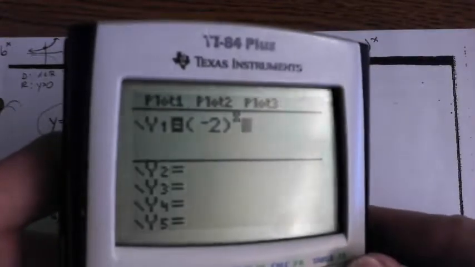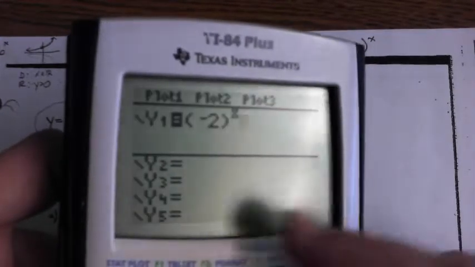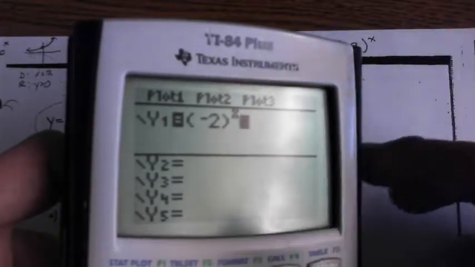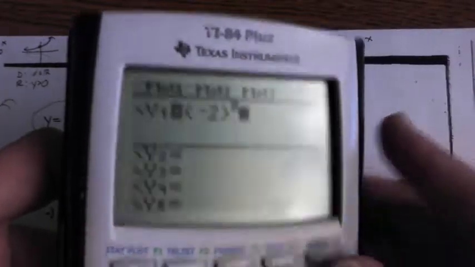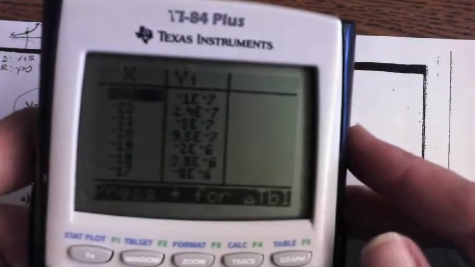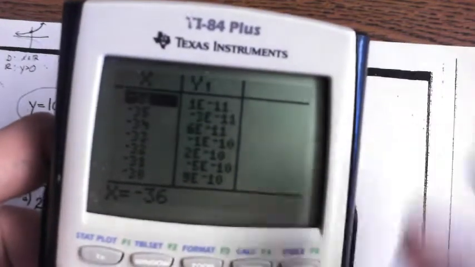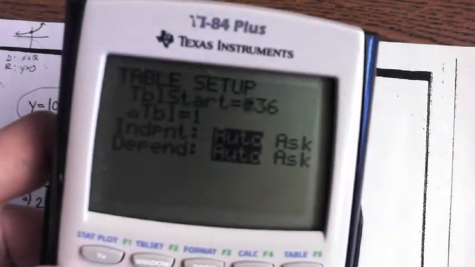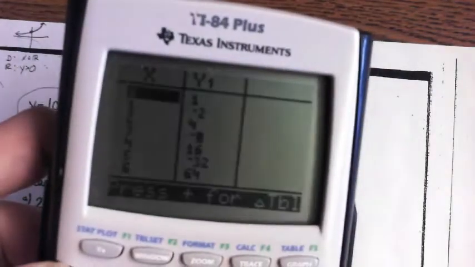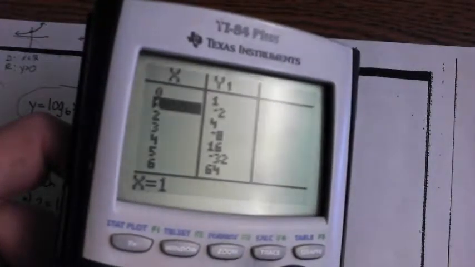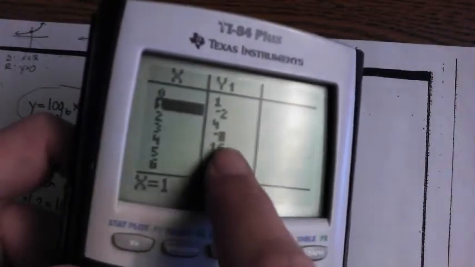Dots everywhere, exactly. So every time you plug in a new x value, the next integer up, it keeps flip-flopping from a positive to a negative. So if I were to look at that table, oops, I'm going the wrong way. 0, 1, but then when you do negative 2 to the first power, it's a negative number. Then it's a positive, then it's a negative.